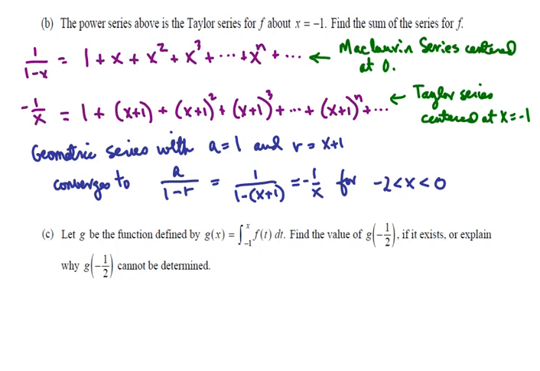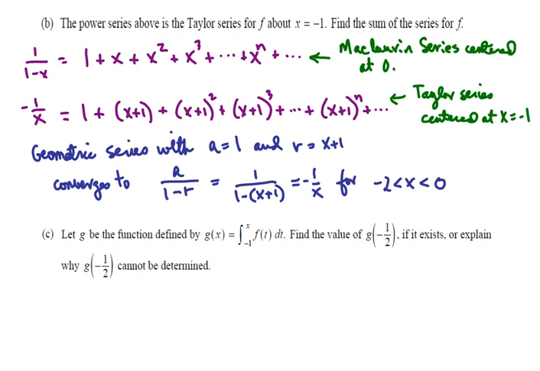Now here where it talks about f of t or f of x, there's two ways to look at it. We know that the power series that's in part B, 1 plus x plus 1 plus x plus 1 quantity squared, etc., is the Taylor series for f about x equals -1.